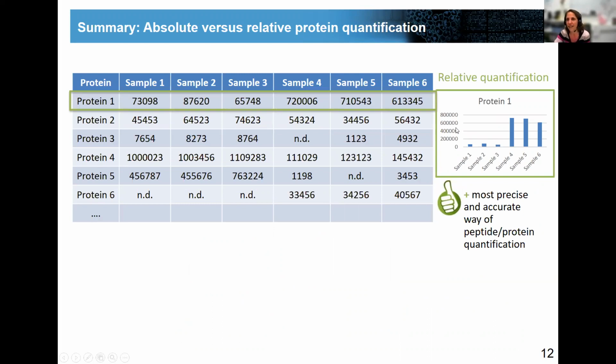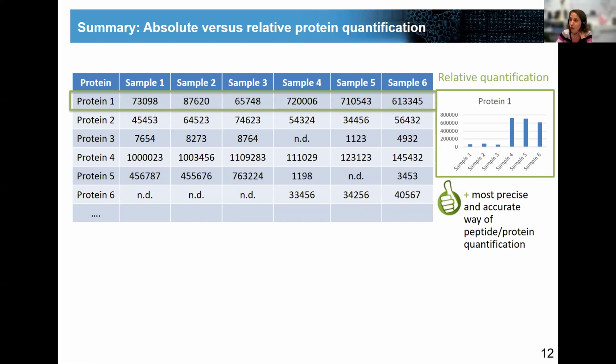And you find this protein is low in sample 1, 2, 3 and high in sample 4, 5, 6. So maybe 1, 2, 3 are biological replicates of a diseased person, and 4, 5, 6 are replicates of a healthy person, and then this is a very interesting biomarker for you. And proteomics is very good in doing this type of relative comparison.